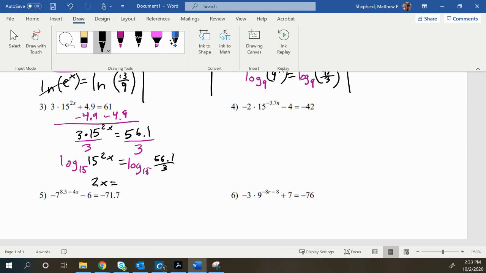So 2x must equal log base 15 of 56.1 thirds. At that point, we would divide both sides by 2, and then we'd have x is equal to log base 15 of 56.1 thirds all over 2.